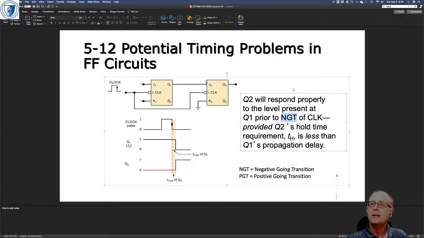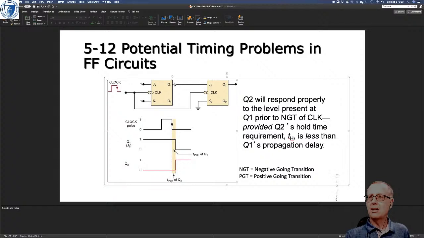Provided the input is seeing the value in enough time, it sees the value faster than any transition coming through the first flip-flop.